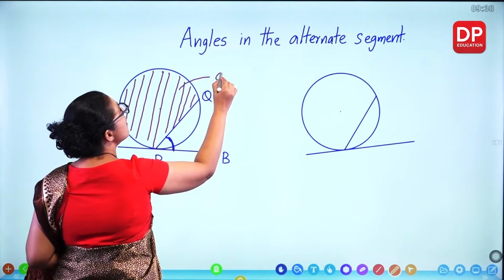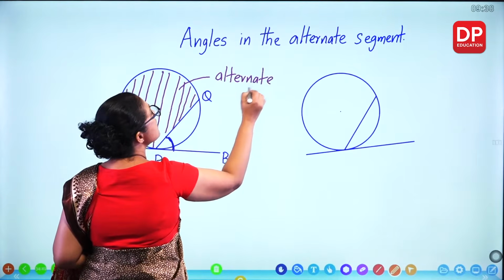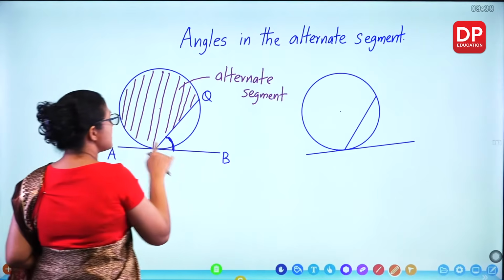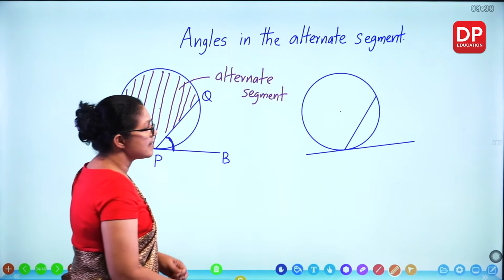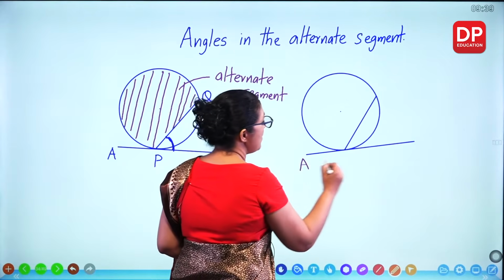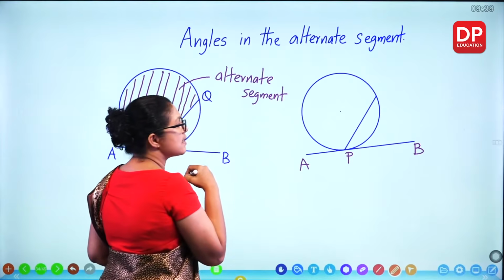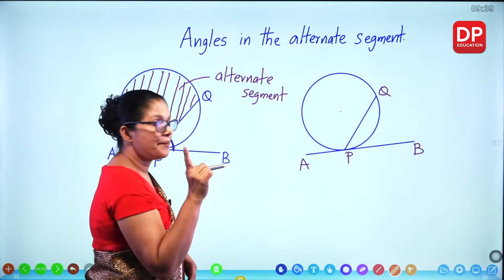Think about AB as a tangent drawn to the circle at P and PQ as the chord.